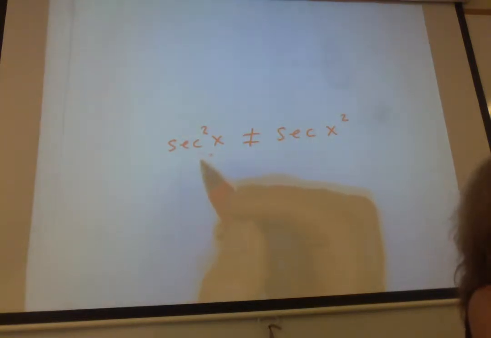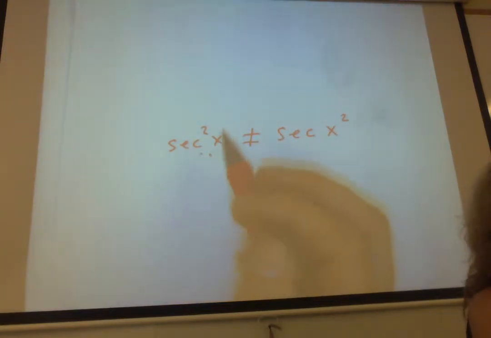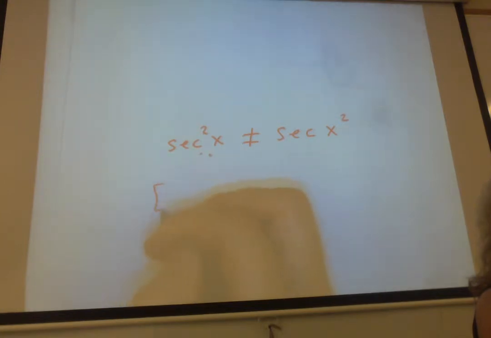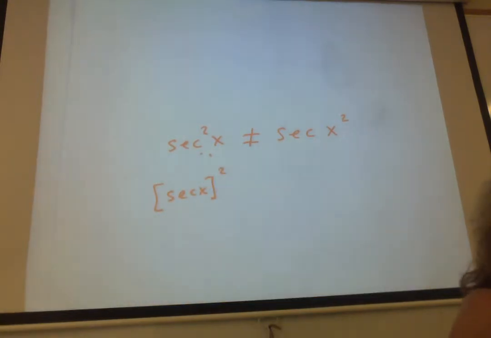In fact, I myself, for a long time in math, when I saw this, because it kind of confused me a little bit, I would just rewrite it like this. I would go, okay, it's secant x being squared. This is the same as this. This over here means secant, and inside it's x times x, okay?